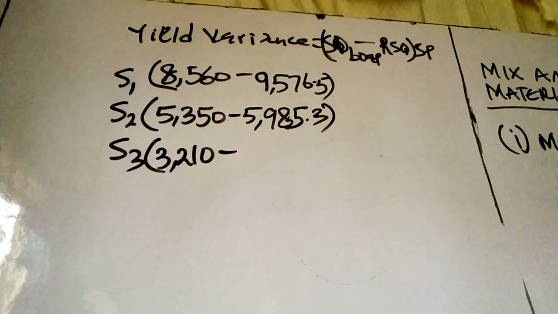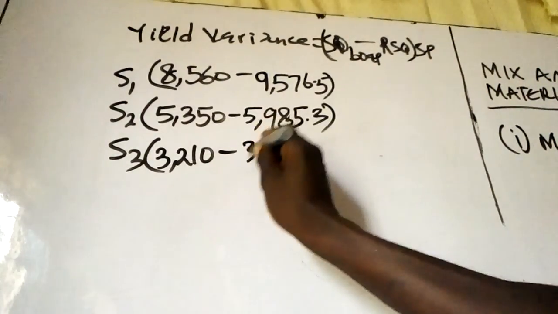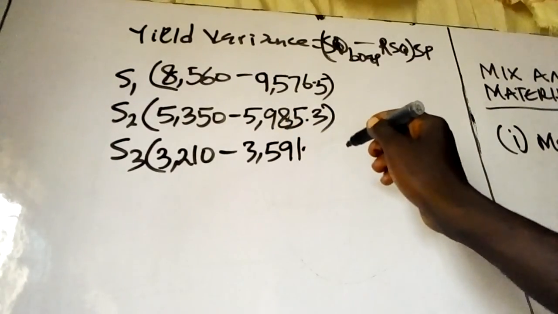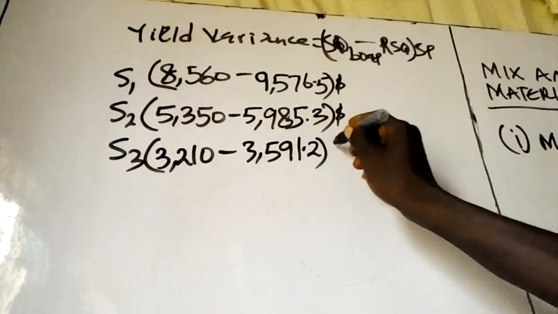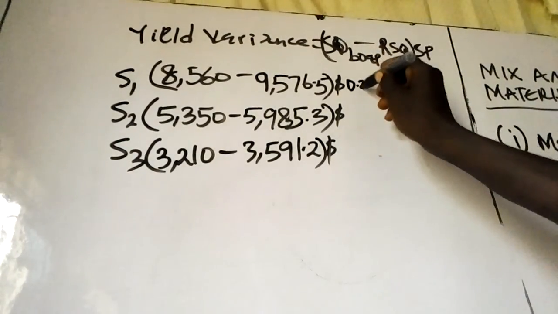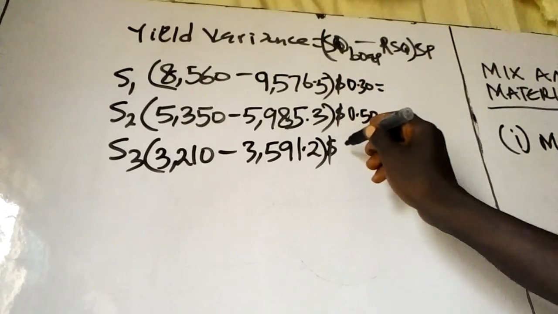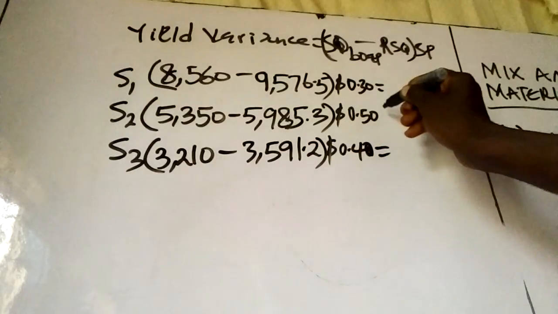For S3, we got 3,591.2, multiplied by the standard price. The standard price as given in the question for S1 is $0.30, for S2 we have $0.50, and for S3 is $0.40.